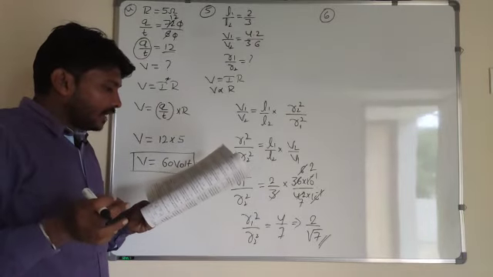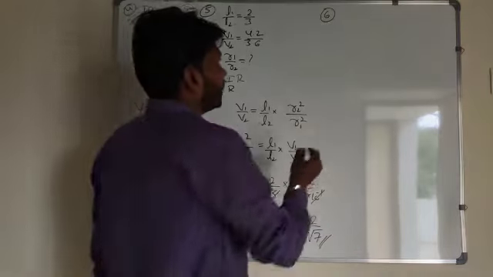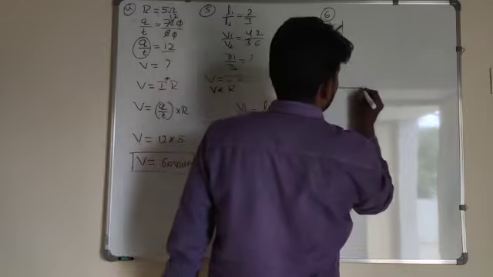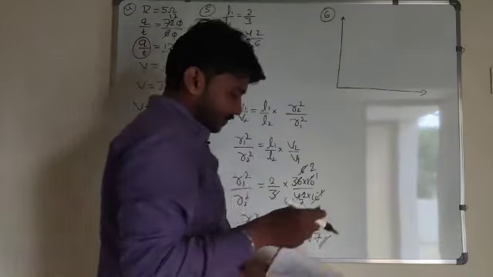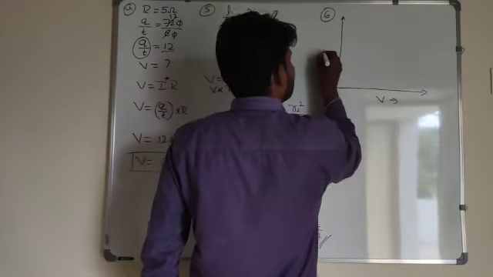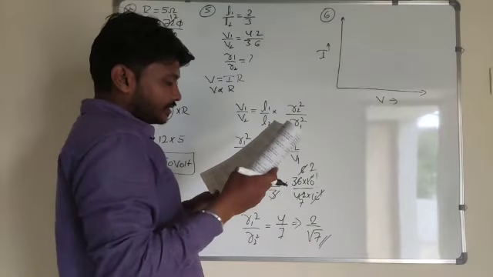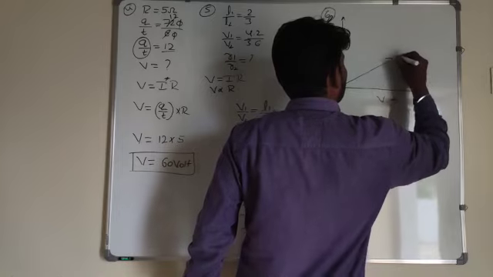IV graph for a metal wire at temperature is as shown in the figure here. So look at here, they have given one graph. In that particular graph, it is V versus I here. So they consider two metals here. Just I will draw on the graph.